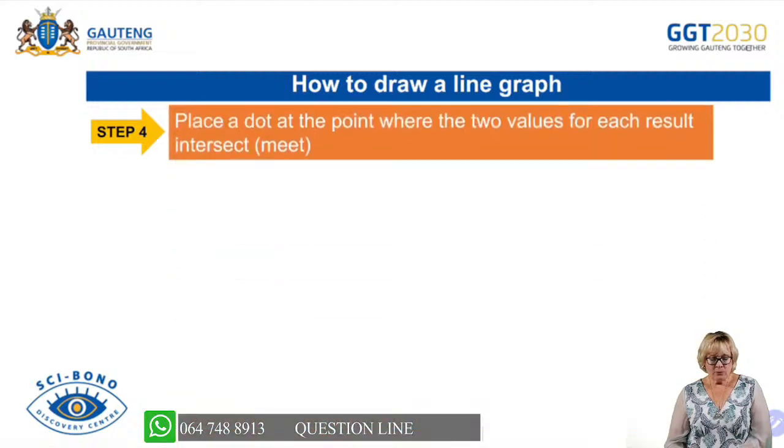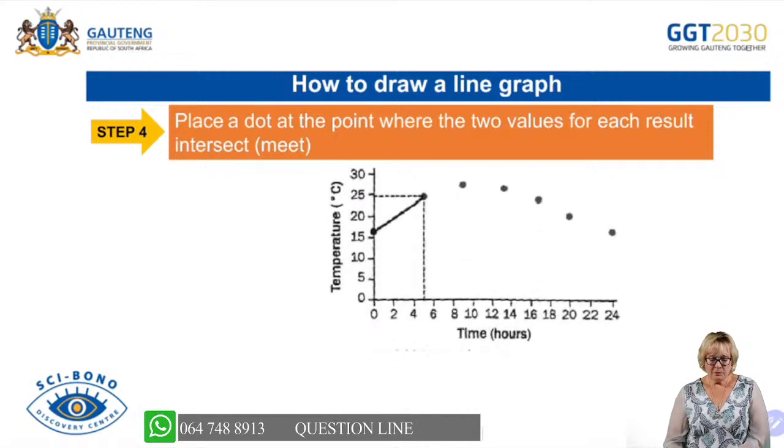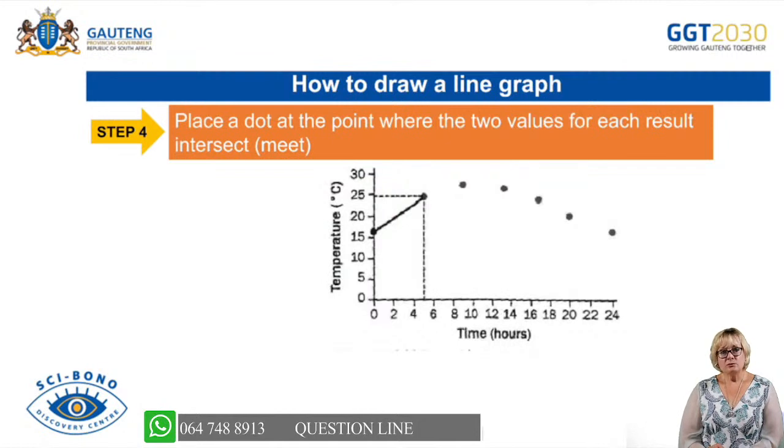Let's look at step 4. Place a dot at the point where the two values for each result intersect or meet. What do we mean? This is what we mean. Let's say you have to plot that at time 5 hours, the temperature was 25 degrees. Please take your ruler. You don't have to draw little dotted lines like this.